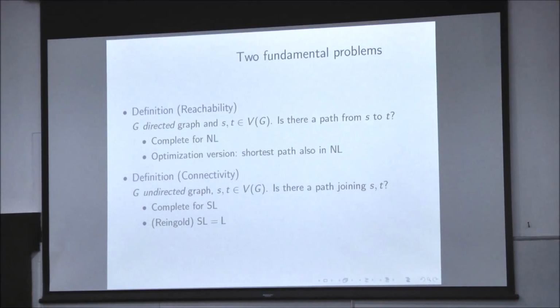So we have these two problems, connectivity and reachability, and in the first part we are going to talk about a variant of connectivity, in the second part we are going to talk about reachability. So the optimization version of connectivity is also NL complete, or at least it's hard for NL, and it is in NL.